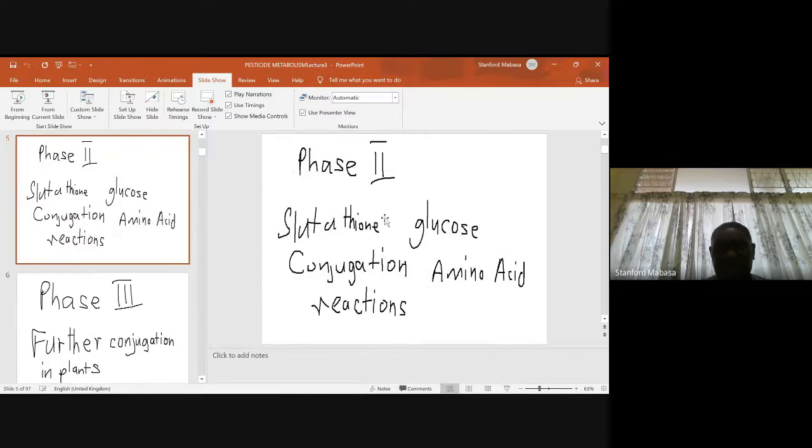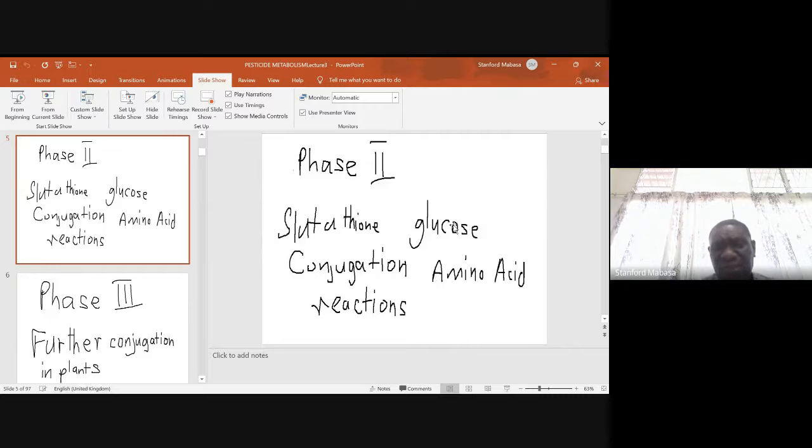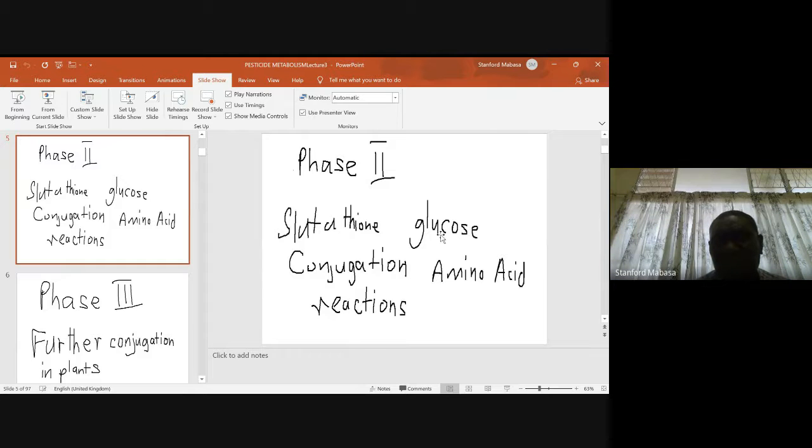Now in phase 2, we may have glutathione, glucose, but in animals we may also have a glucuronic acid instead of glucose.